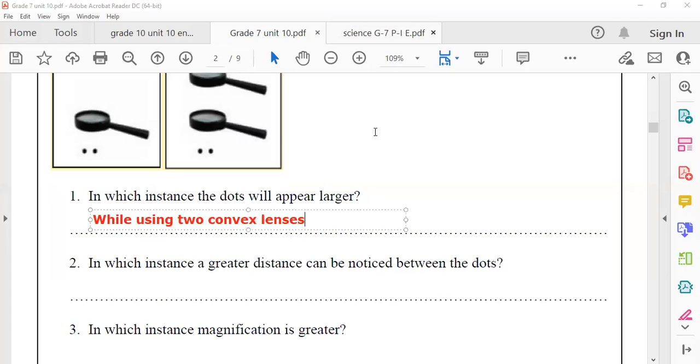In which instance can a greater distance be noticed between the 2 dots? Bigger gap, where can you notice? While using 2 convex lenses. Right. Could you please complete the 2 answers?